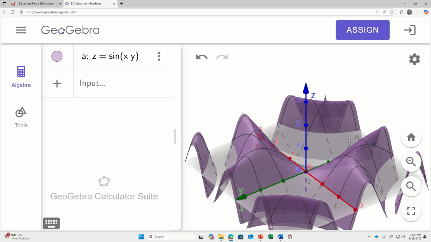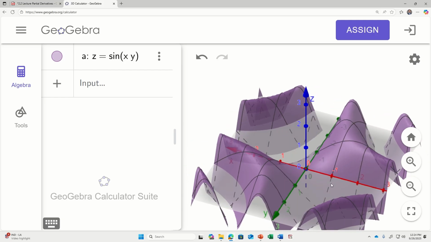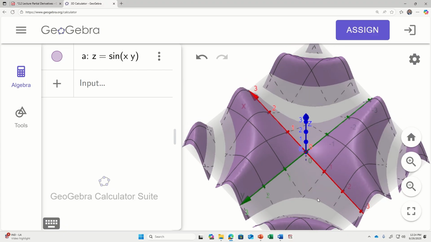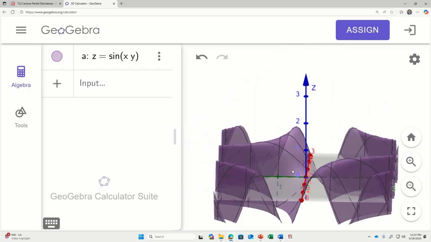Do you notice the grid lines on that purple surface? Those black grid lines that lay directly on the purple surface, some of them are in the x direction and some of them are in the y direction.